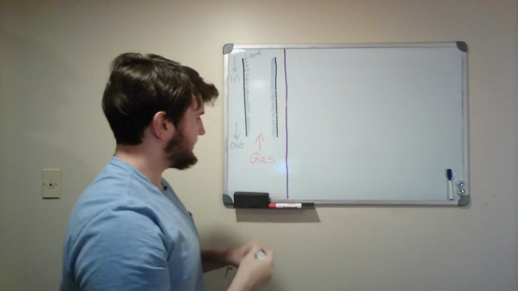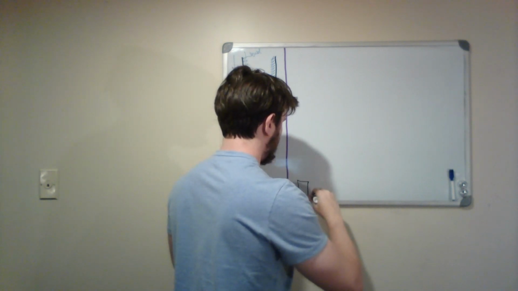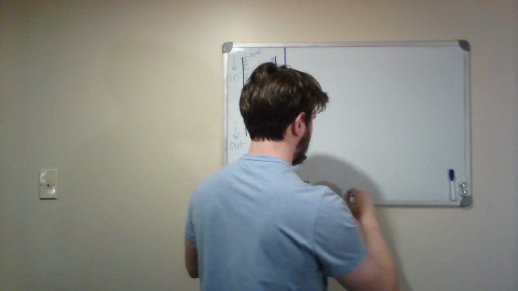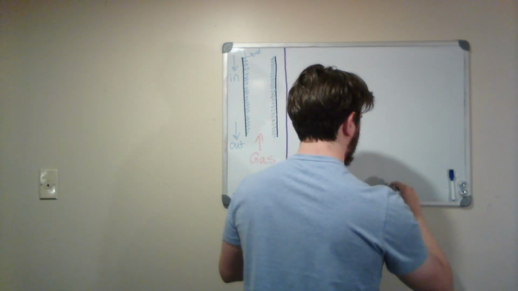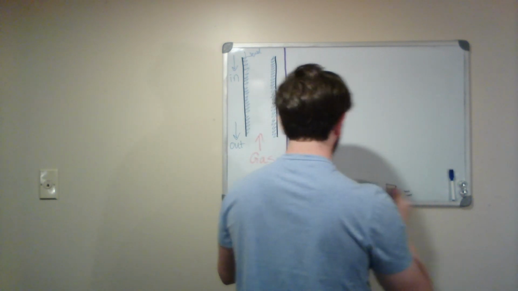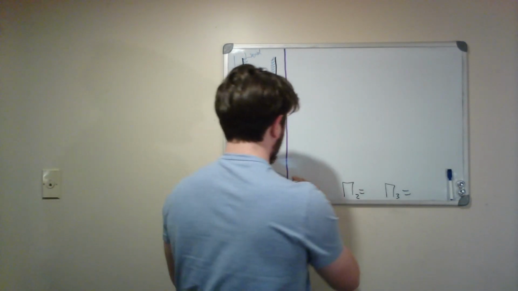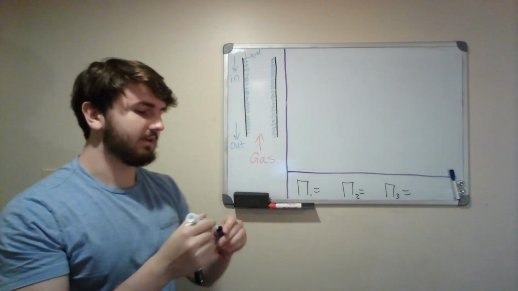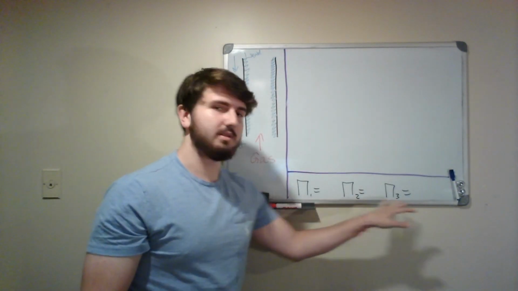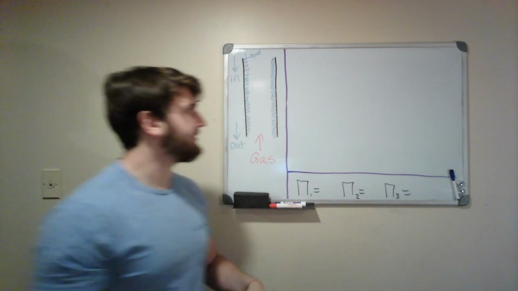And I'm actually going to set it up at the bottom here just so that we're aware later on what pi 1 equals, what pi 2 will equal, and what pi 3 will equal. We're going to be solving for it, but we're just going to leave those to the side. That's just for us to have that visual representation as we're solving it.